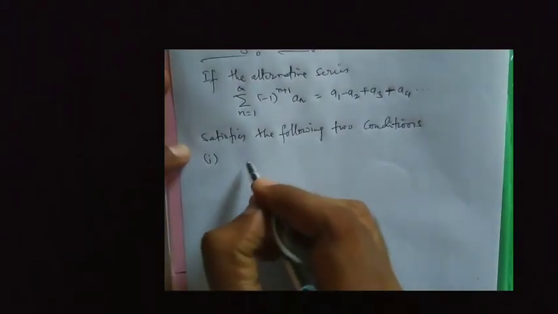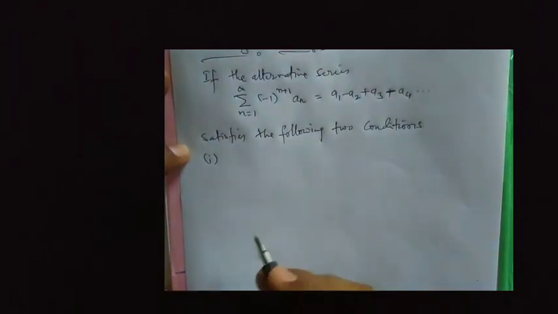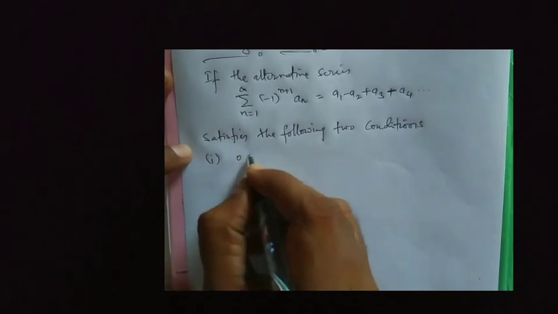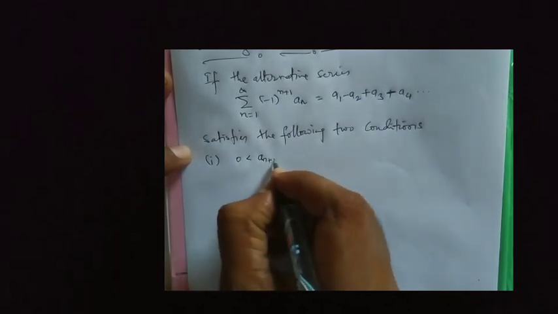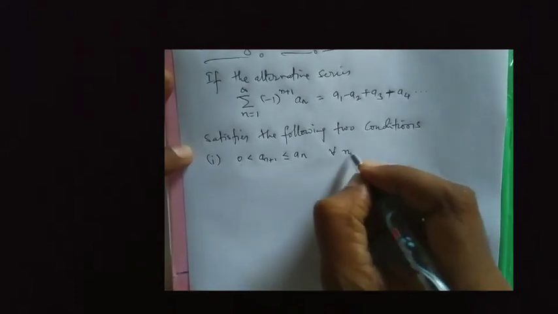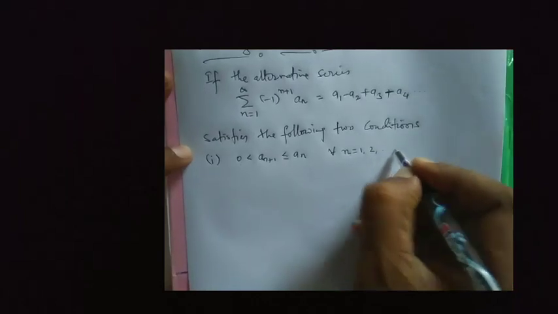Then what are those two conditions? Firstly, this is a decreasing sequence, a monotonically decreasing sequence. The first condition is 0 less than a(n+1) less than or equal to an, which should be true for all n equal to 1, 2 and so on.